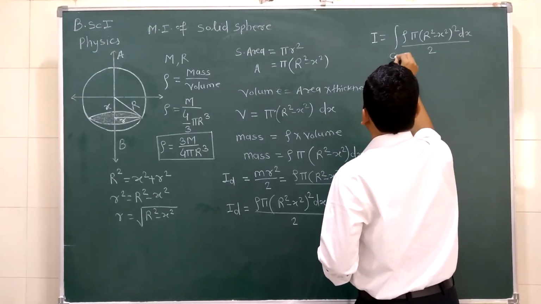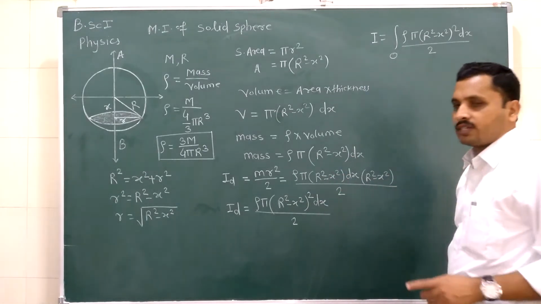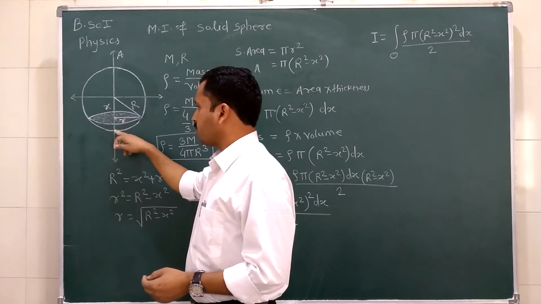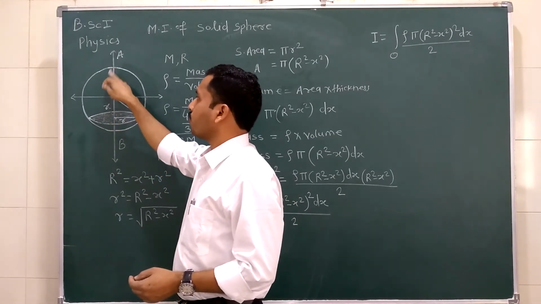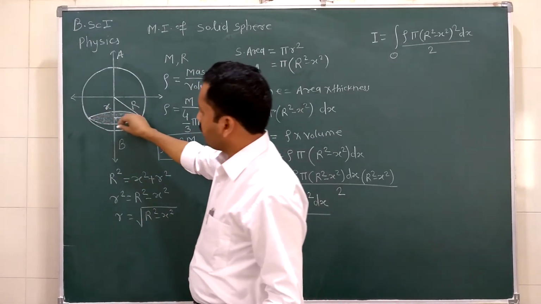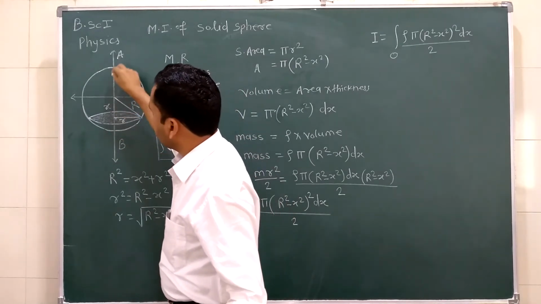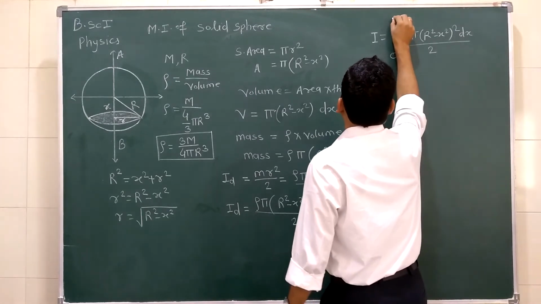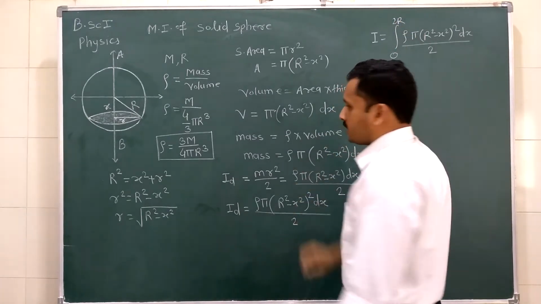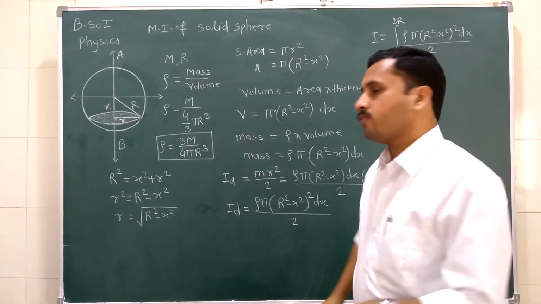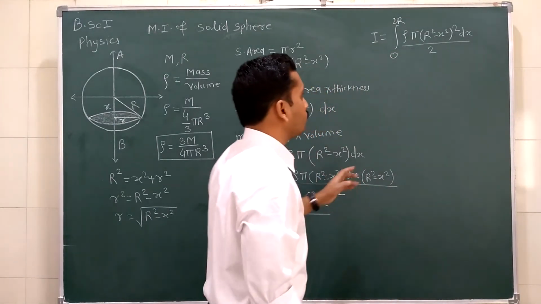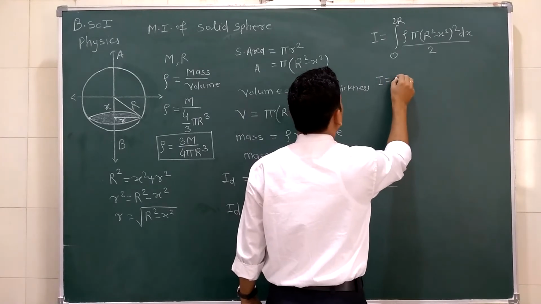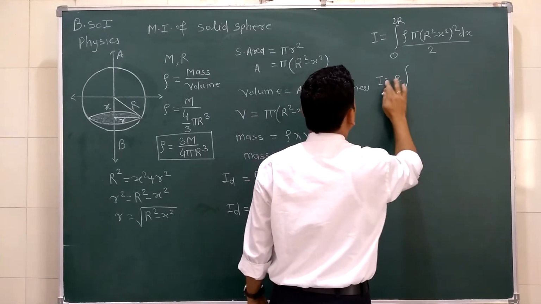What is the limit? The limit of x varies from 0 to twice R, because this is equal to R and this is equal to R, which is twice R. But it can also be written as the moment of inertia I is equal to twice the integration.